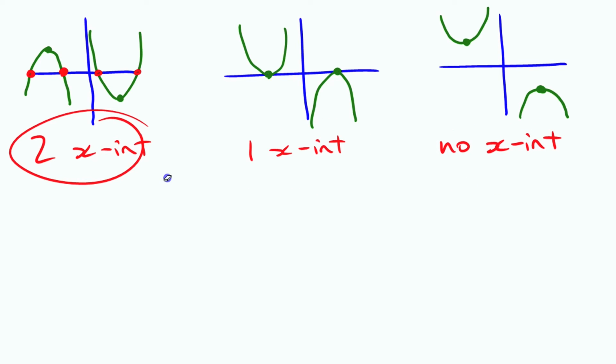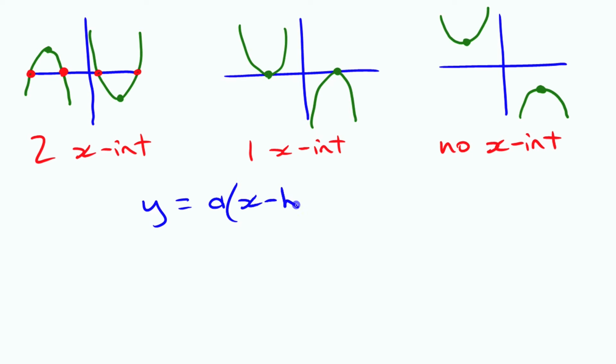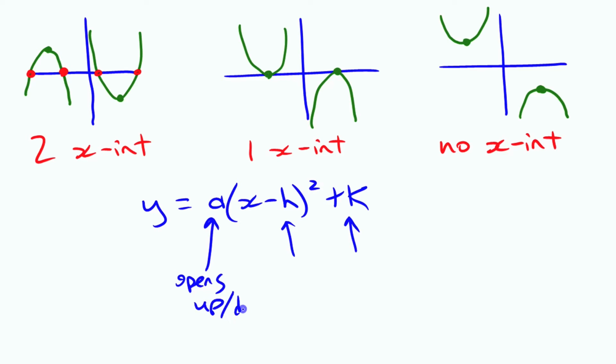And you can just visualize the graph and think about the vertex form equation to make a decision on how many there are. If you think about the vertex form equation here, (x - h)² + k, these two things tell you where the vertex is. So if you think about where the vertex is, that's a good start. And then for a, you have to decide whether it opens up or down. So the decision you have to make here is, does it open up or down? And whether the vertex is above or below.